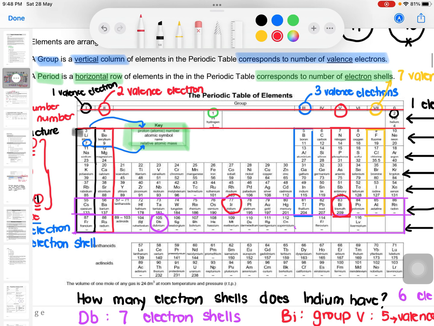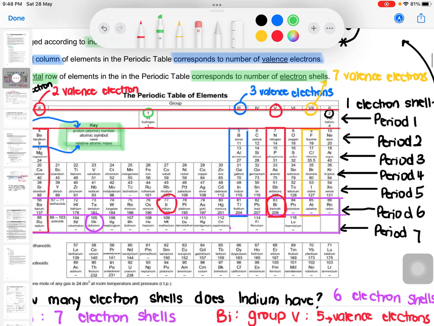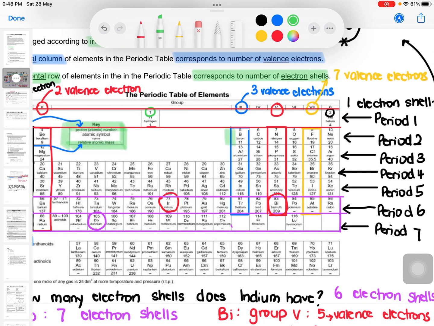So I'm going to highlight the non-metals. My non-metals start from boron onwards, so I have to draw this staircase line. You need to link back to the topic on atomic structure and bonding. Plus hydrogen. The ones I highlighted in green using my highlighter are actually non-metals.